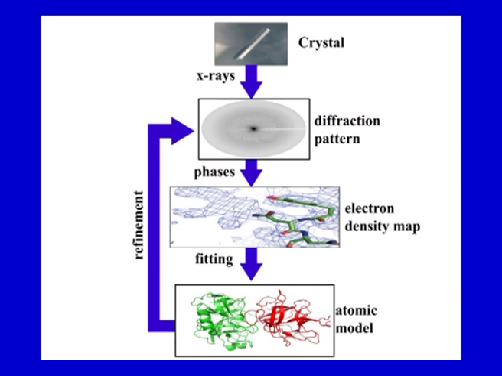The electron density map is the map of the electrons surrounding the atoms. With knowledge of the molecule, you can generate this web-like electron density map, and finally, from the electron density map, the atomic positions are obtained, and from that the whole structure is derived.